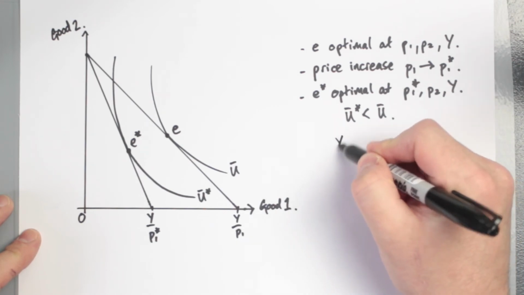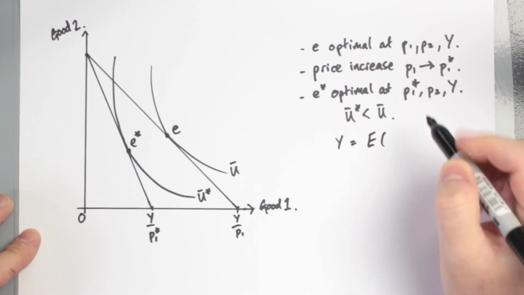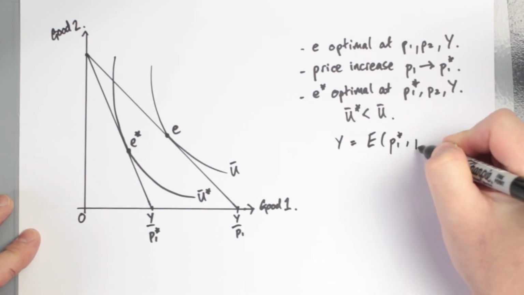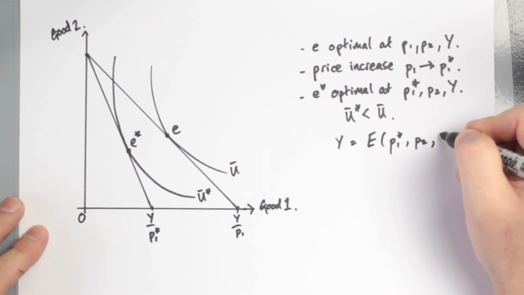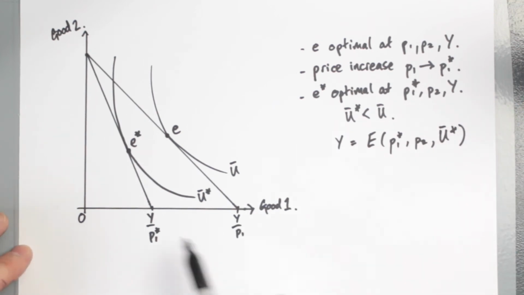So I could write Y is precisely the minimum expenditure required when the price of good 1 is P1 star, and the price of good 2 is P2, and the target level of utility is U bar star. Okay, so that's just interpreting the diagram in a dual way as we've done before.